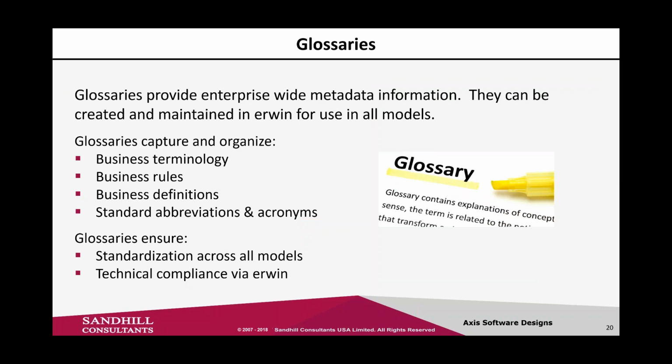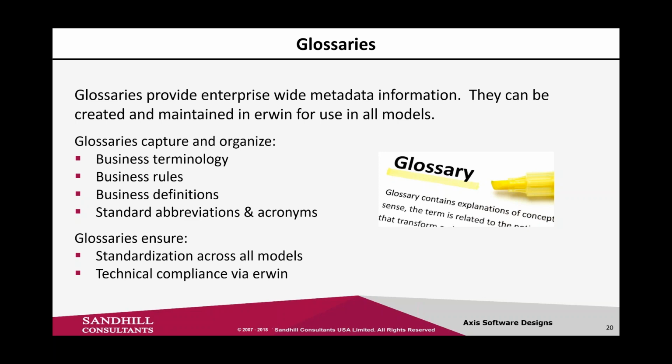As I was talking about how we do this, just a couple of key points about glossaries, which are abbreviations. They provide us enterprise-wide metadata, and we can create and maintain them in our models by using the templates, which then get rolled down to each of the models.